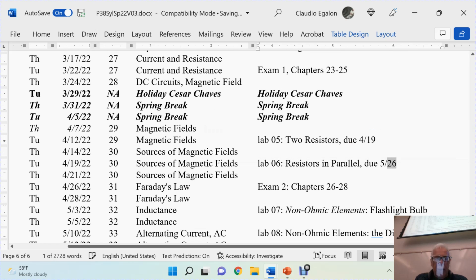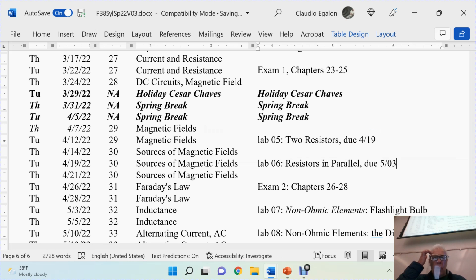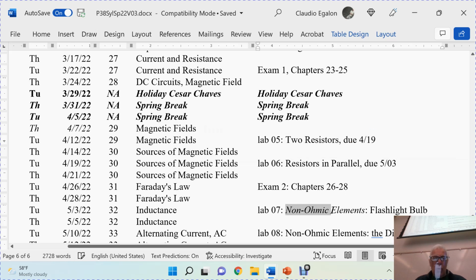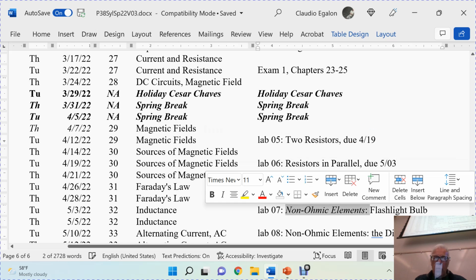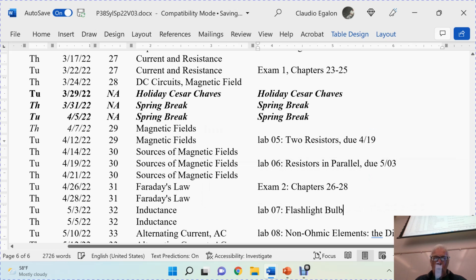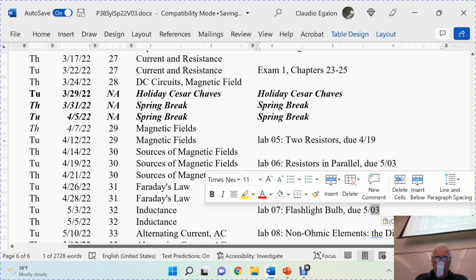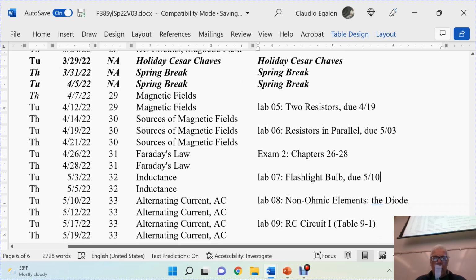If we change the exam, this date is going to be changed as well. Flashlight bulb. It's going to be due May 10th. The other one should be May 17th.